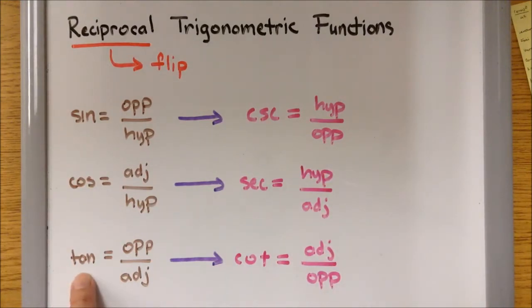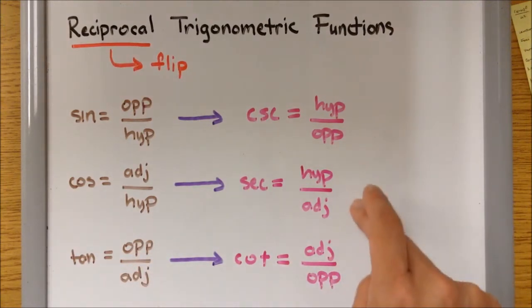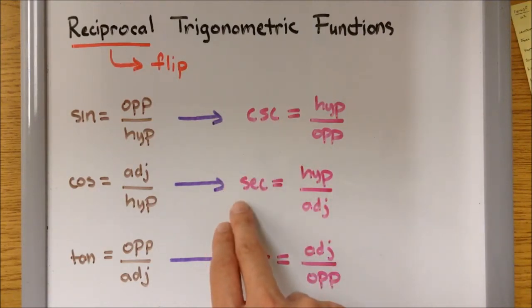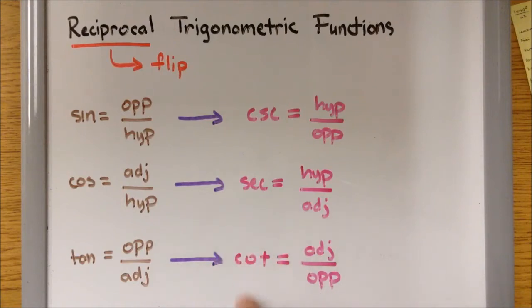If you know tangent, which is opposite over adjacent, the reciprocal is called cotangent, C-O-T, and I'm going to flip the fraction to get adjacent over opposite.